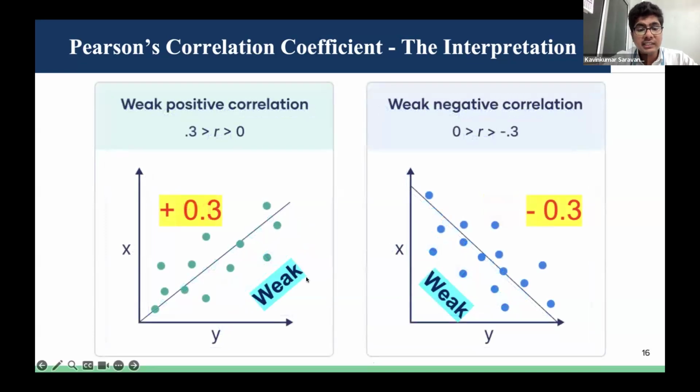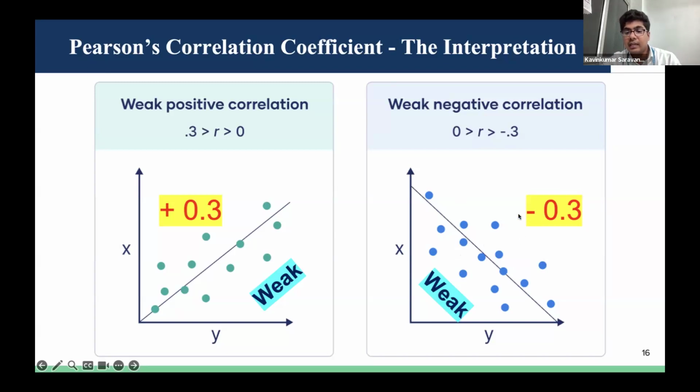So now you can see this graph. It is more or less the same. The line is going towards the right, so it can be a positive relationship. But the thing is, the points are lying away from the line, so it is a weak to moderate kind of correlation. Similarly, on the right side you can see the line going towards the downside, so it is also weak in nature.